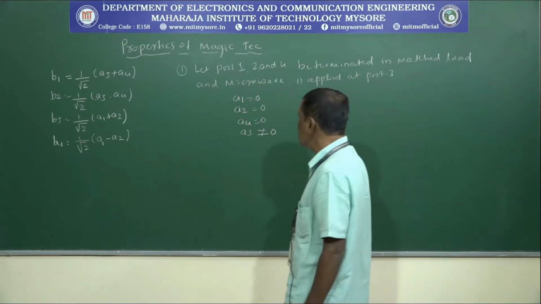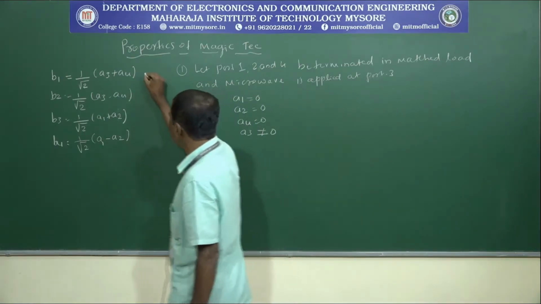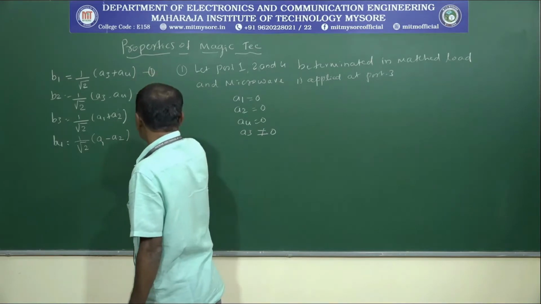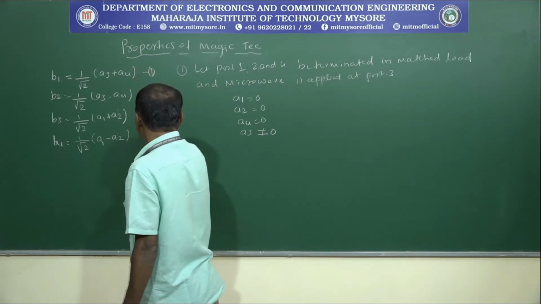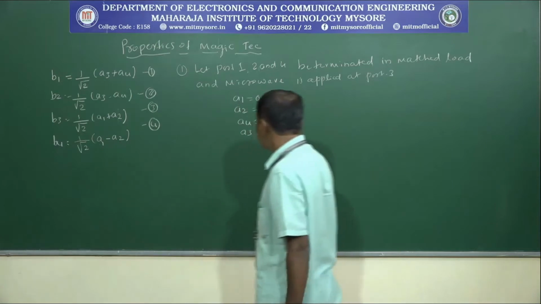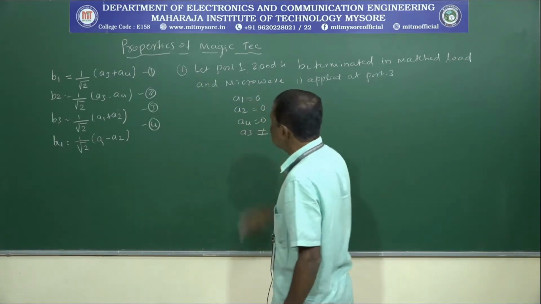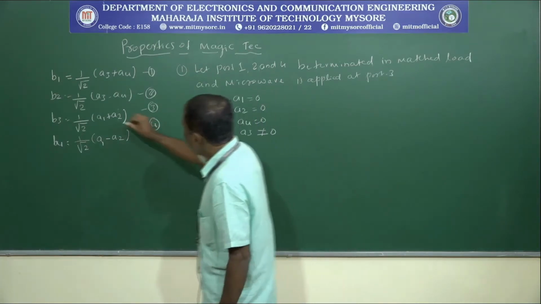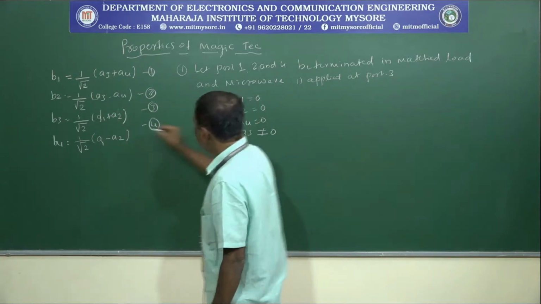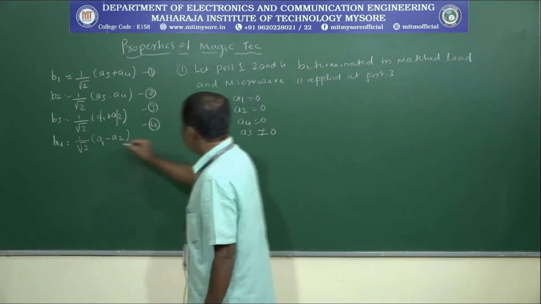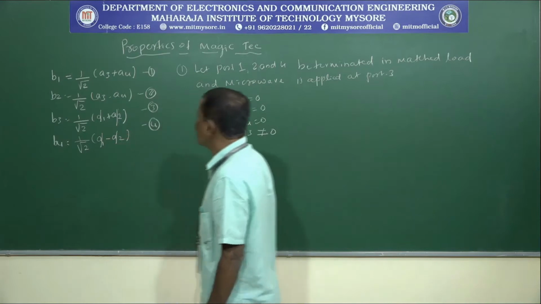Now what you are supposed to do is, in these equations, which I will call equation number 1, equation number 2, equation number 3 and equation number 4, substitute these values. Now A1 equal to 0, A2 equal to 0, here also A1 equal to 0 and A2 equal to 0.